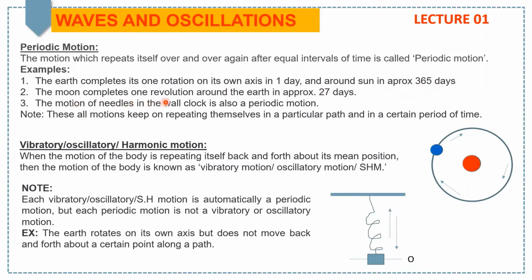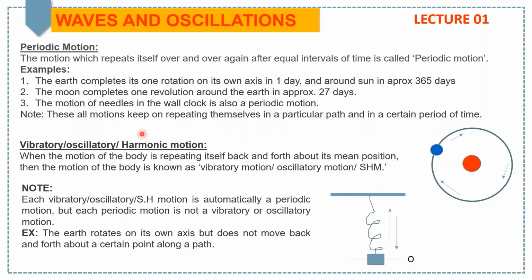The moon completes one revolution around the earth in approximately 27 days. The third example, the motion of the needles in a wall clock, is also a periodic motion.